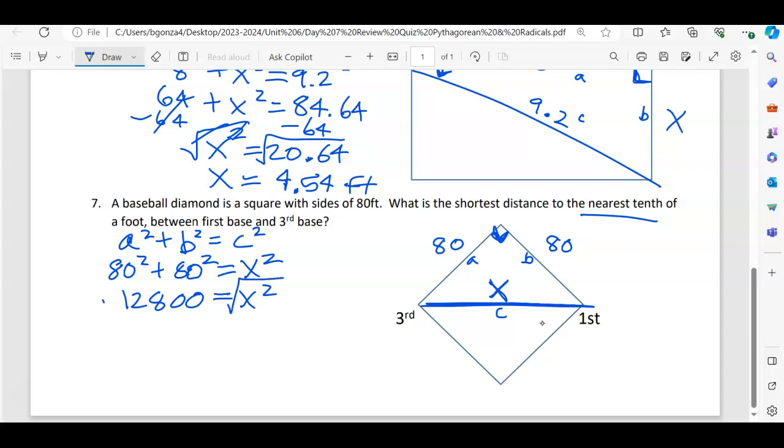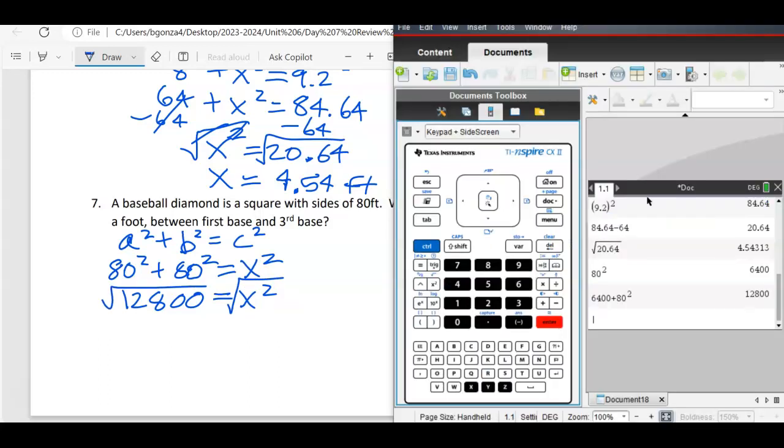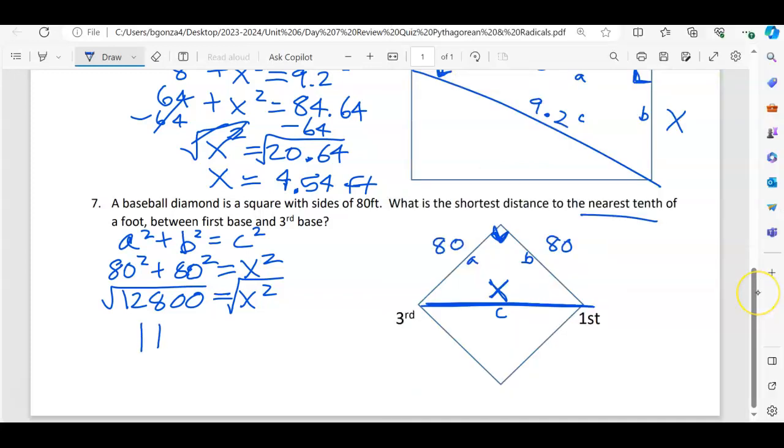When I square root both sides, the square root of 12,800, I get 113.137. Now it says round to the nearest tenth, which is this 1. So this 3 next to it makes the 1 stay the same. 113.1 feet equals x.